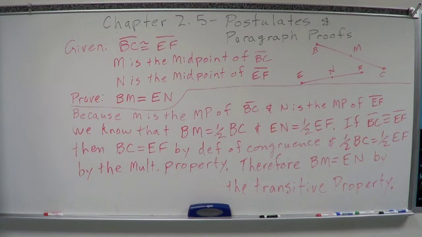Because segment BC is congruent to segment EF, then we know that the measure of segment BC equals the measure of segment EF by the definition of congruence, and 1/2 of the measure of segment BC equals 1/2 the measure of segment EF by the multiplication property. Therefore, the measure of segment BM equals the measure of segment EN by the transitive property.